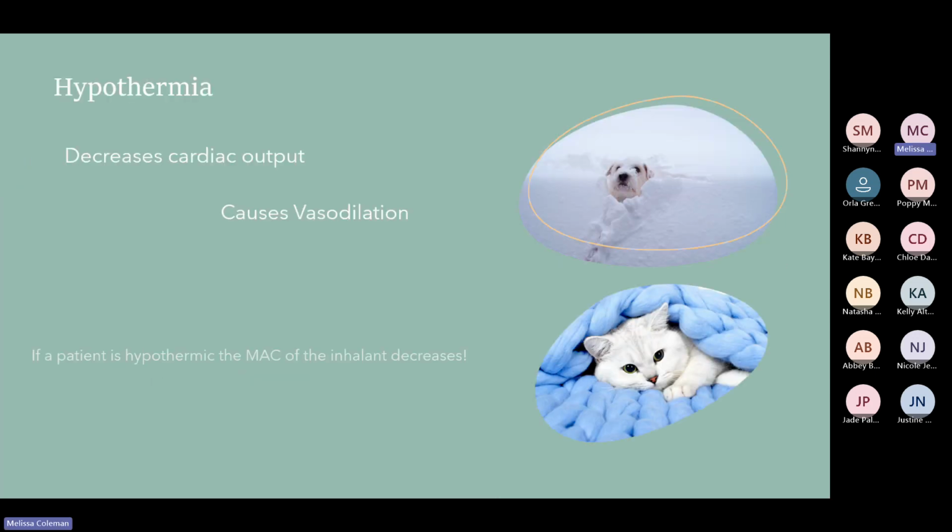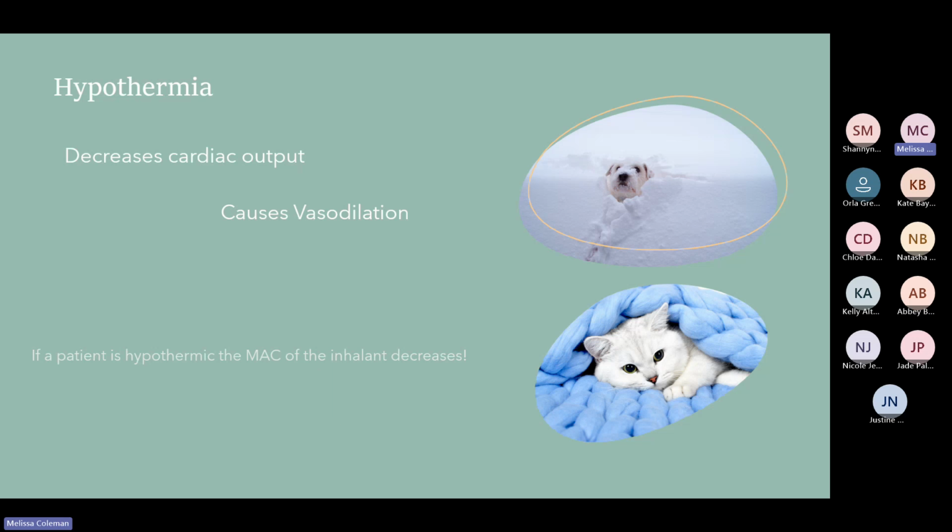And then hypothermia. Hypothermia decreases our cardiac output again, and it causes vasodilation. So it's important to know, going back to this MAC number, that for every 1 degree that your patient is hypothermic, your MAC also decreases.